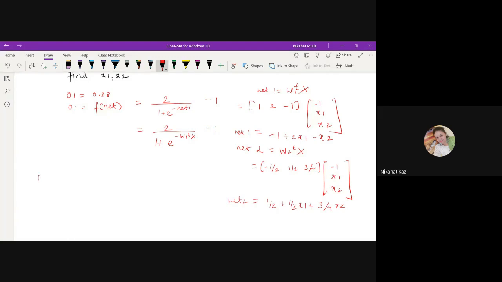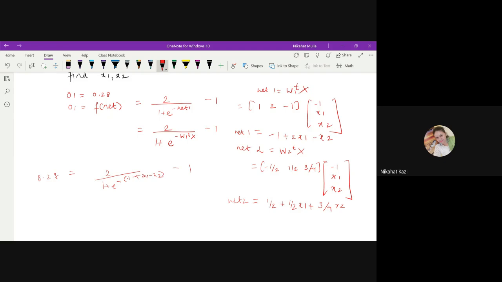So 0.28 is equal to 2 upon 1 plus e raised to minus this equation, minus 1 plus 2x1 minus x2, minus 1. This is our first equation, and the second equation will be for the second output O2.